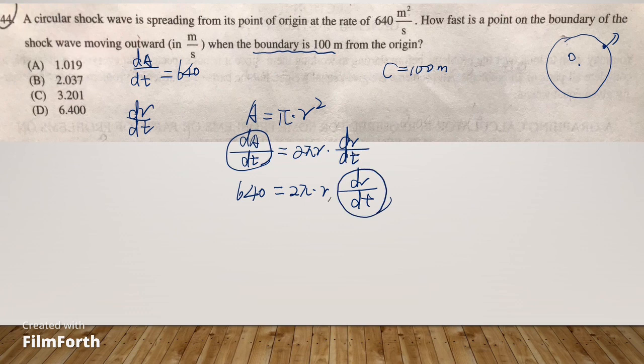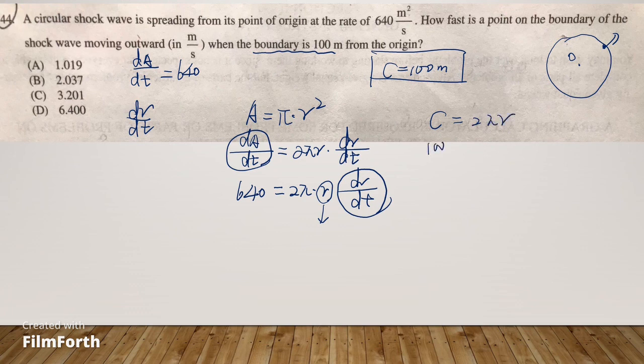So now, except dr over dt, there is only one variable, that is r. So we need to solve for r first. Another condition they give us is the circumference equals 100 meters. And the circumference formula for a circle is 2 pi r.